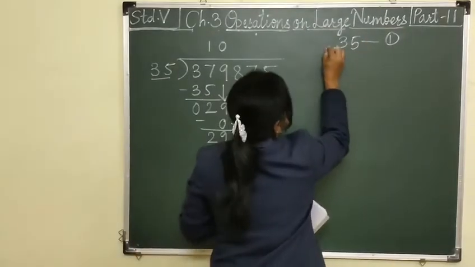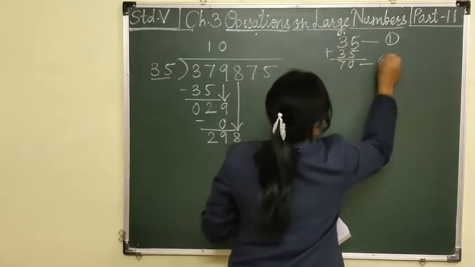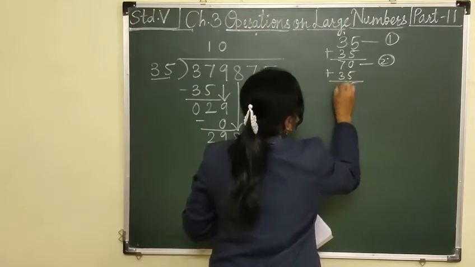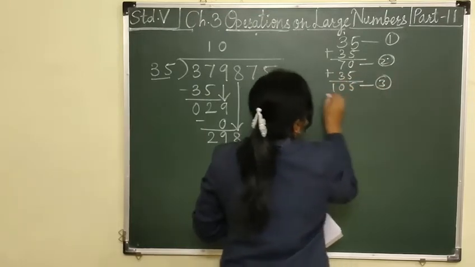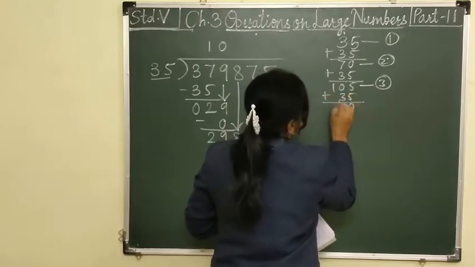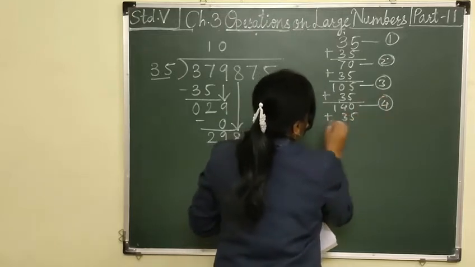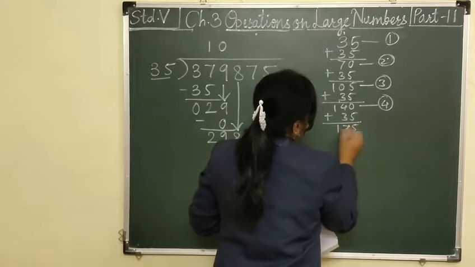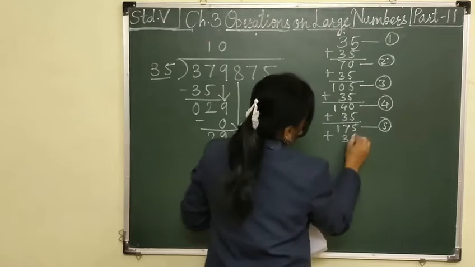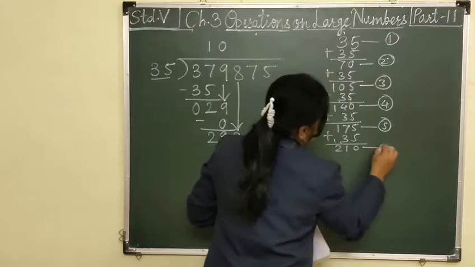So I'll add here: 35, that is 70. This is 2s. Again plus 35. This is 3s. Again plus 35. This is 4s. Again plus 35. That is 5s. Again plus 35. That is 6s.